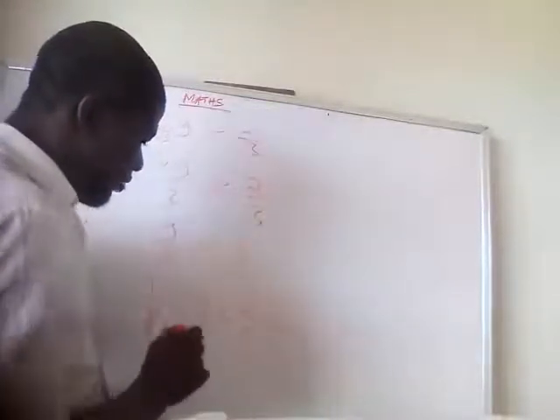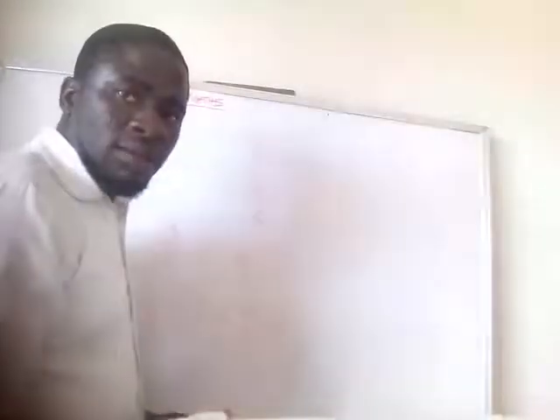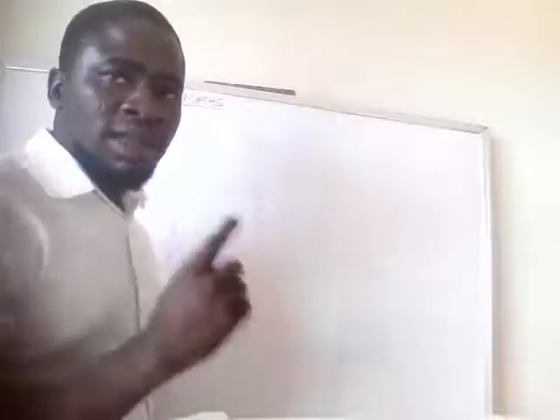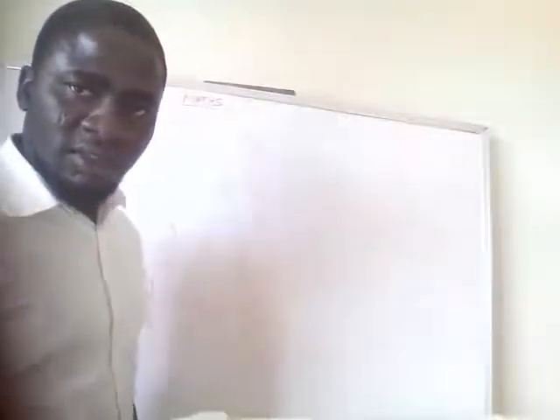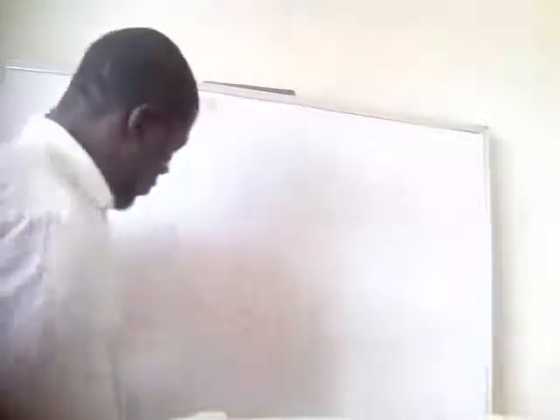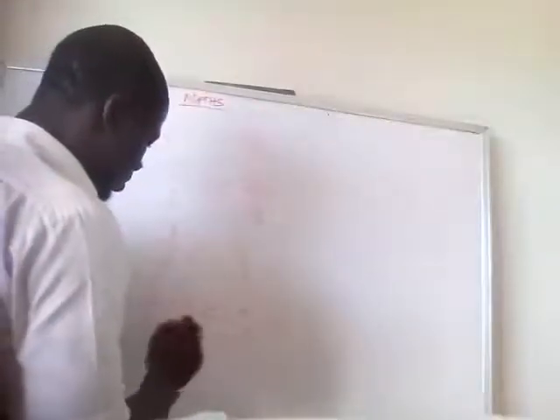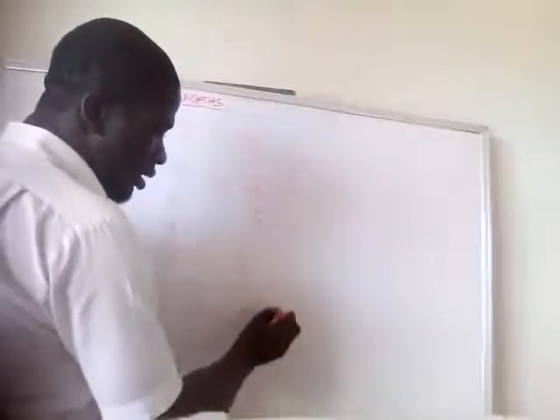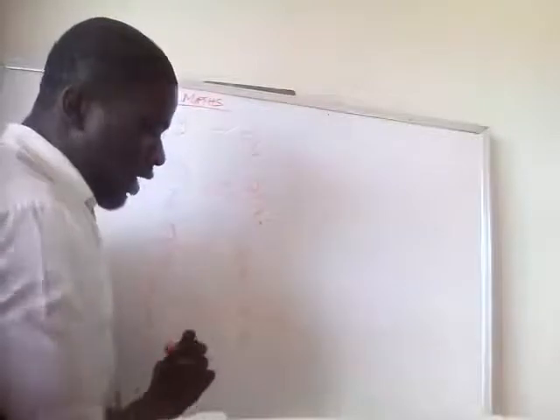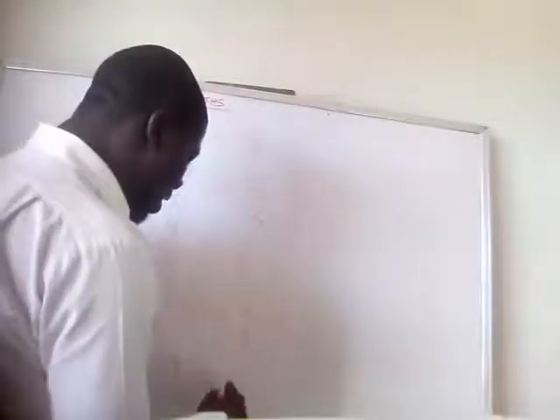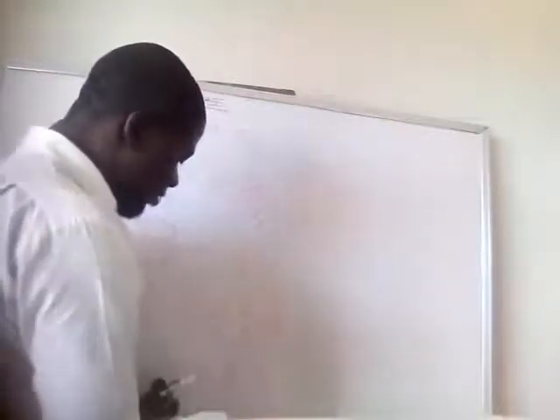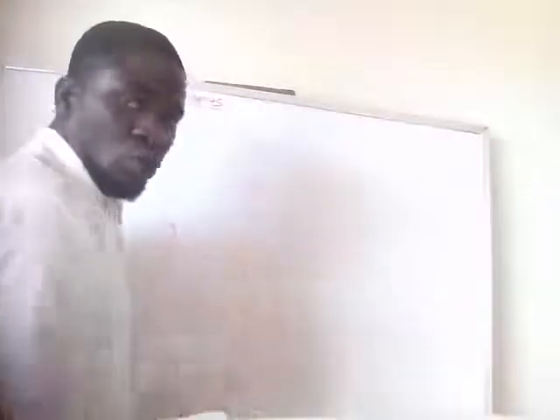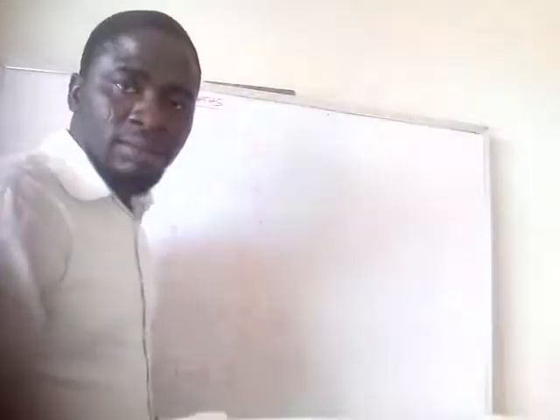Remember I told you that in cancelling a fraction, what is at the numerator, we cancel with what is at the denominator. So we cancel this, we are left with y greater than or equal to, we also cancel 3, we are left with 2. That means y is greater than or equal to 2 as our answer.